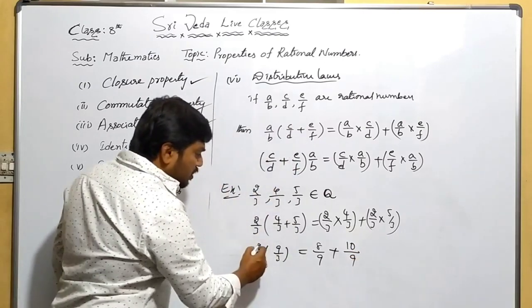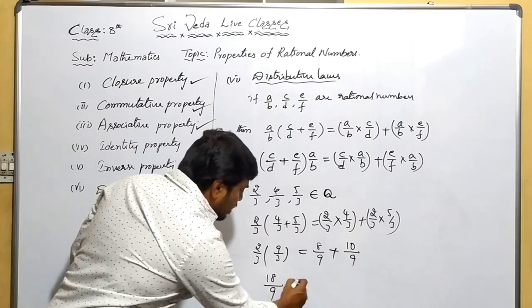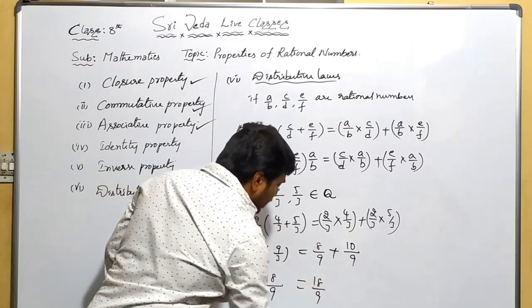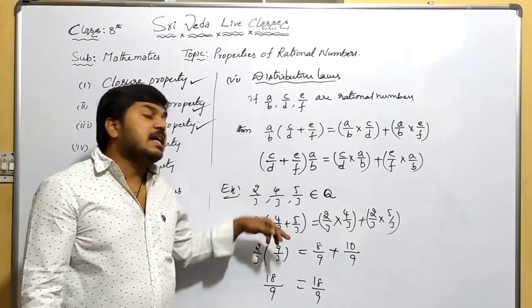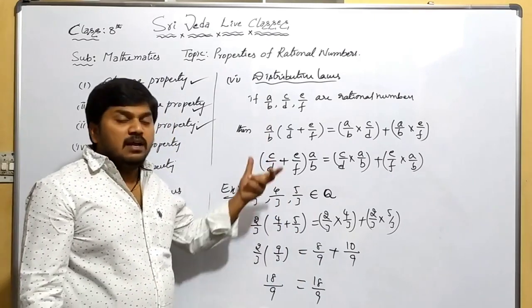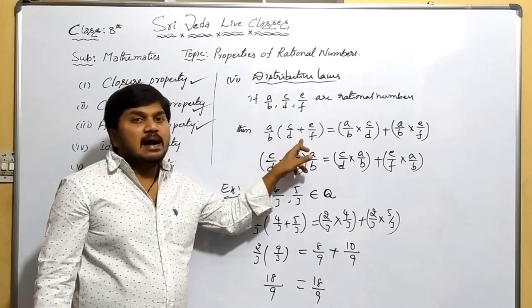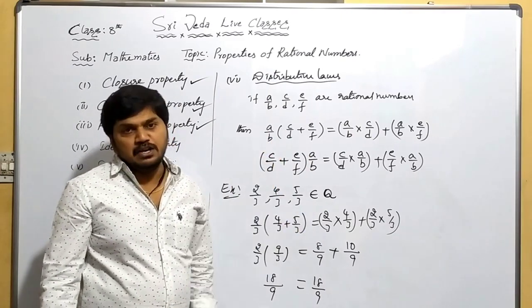On the LHS, 2 nines are 18 by 3 threes are 9, and on the RHS 8 plus 10 is 18 by 9. So LHS equals RHS. We can say that it is satisfying. So rational numbers satisfy distributive multiplication over addition.